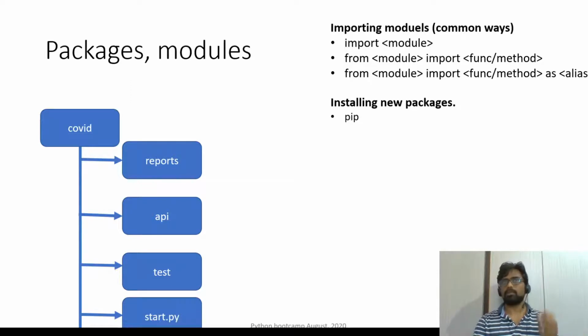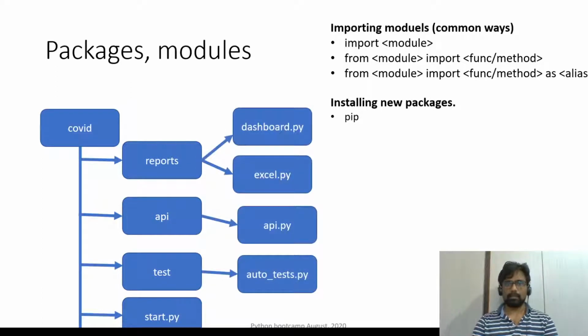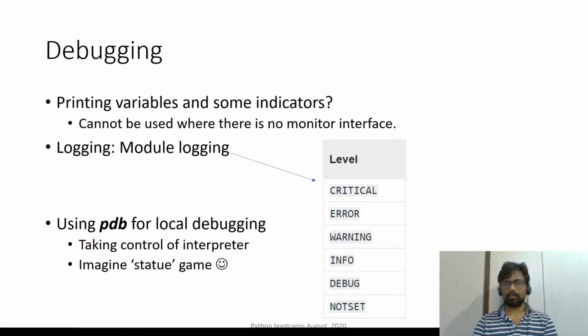In Python 3.7 that is not required. They have improved it, but the concept is still the same. If it has an init file, you can recognize that as a package. Modules are nothing but .py files, and inside modules we have functions. These are all modules: dashboard, Excel, API.